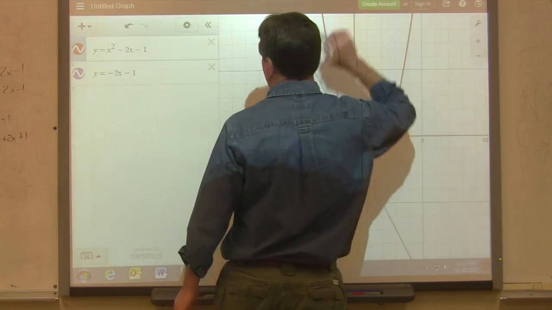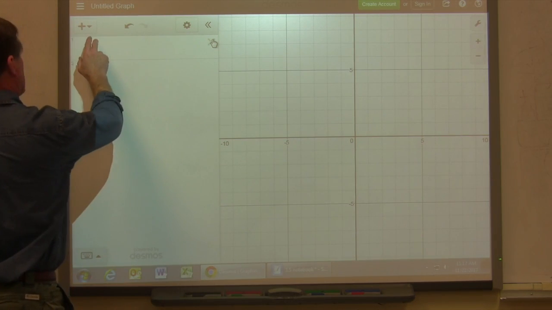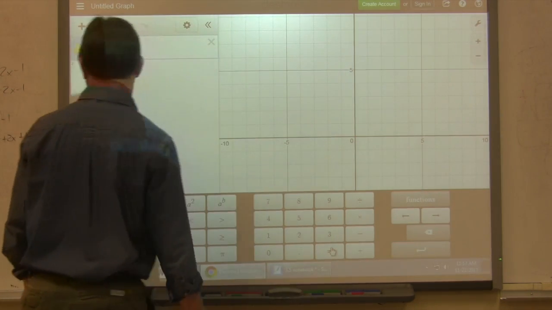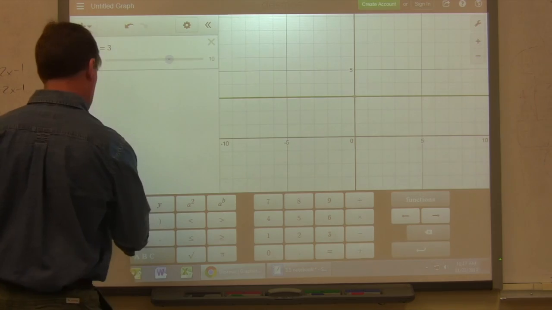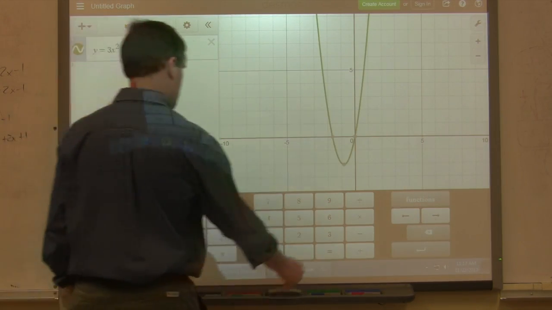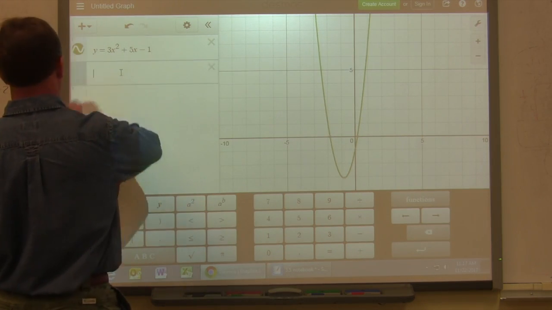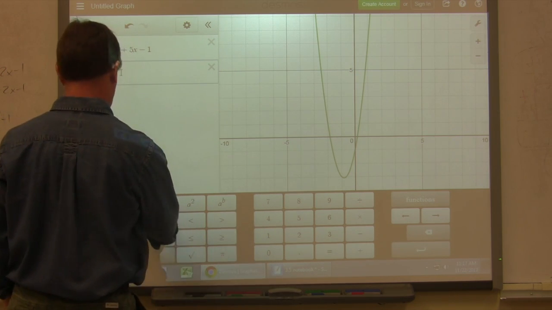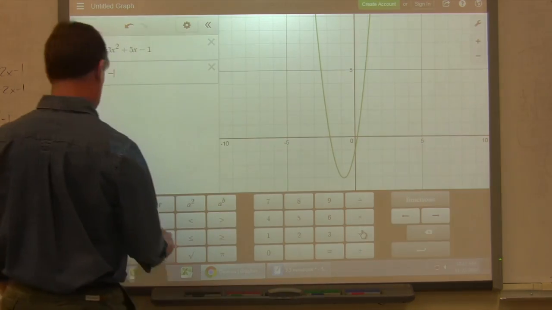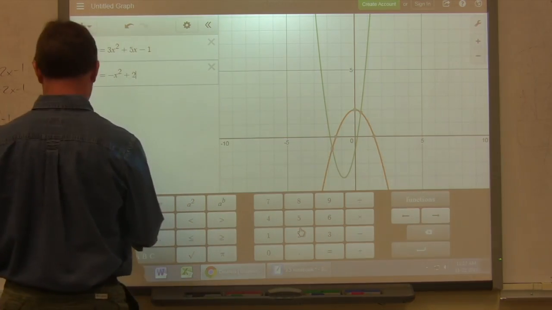So if I go to the Desmos, I'm just going to clear these equations out of here. And now I'm going to take the left side of the equation, y equals the left side, 3x squared plus 5x minus 1, and then the second equation, which is the other half of the equation, y equals negative x squared plus 2x plus 1.